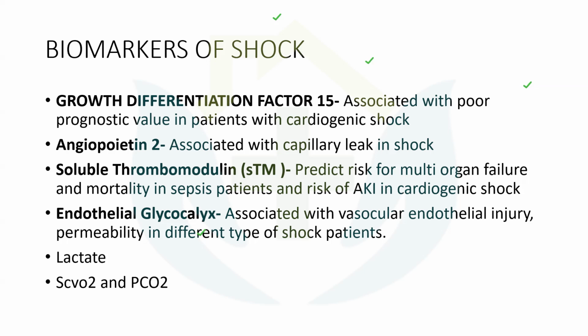Angiopoietin 2 is associated with capillary leak in shock. Soluble thrombomodulin, or STM, predicts risk for multi-organ failure and mortality in sepsis patients and risk of AKI in cardiogenic shock. Endothelial glycocalyx is associated with vascular endothelial injury and permeability in different types of shock patients. We have to know the biomarkers; that would be a short note.